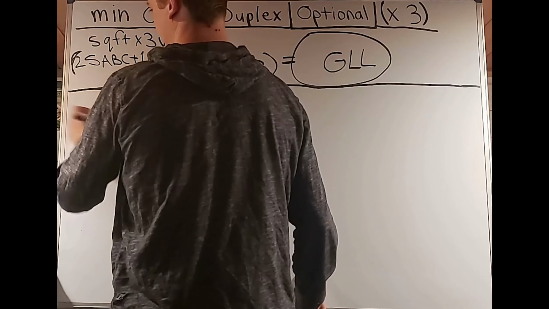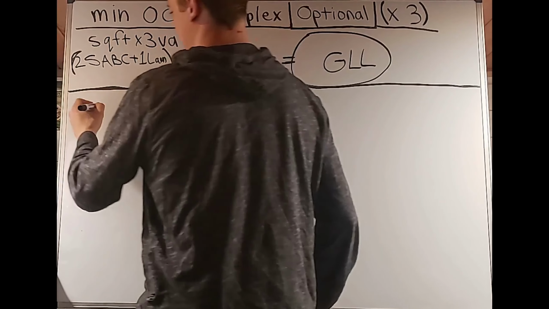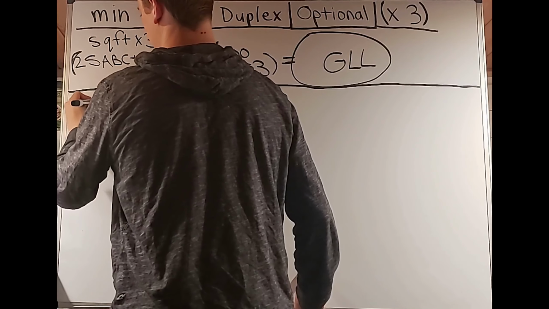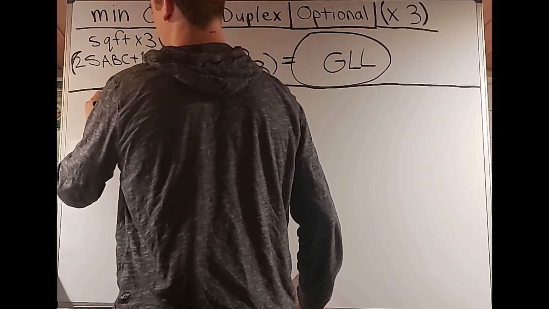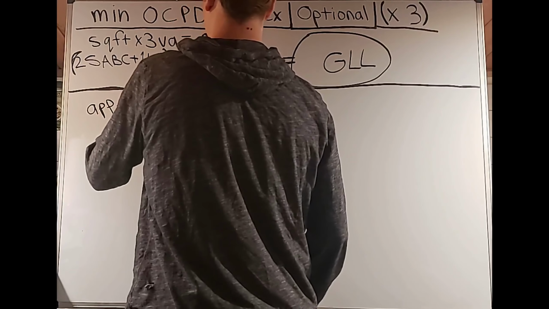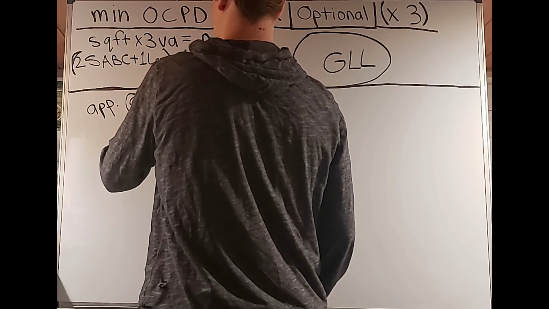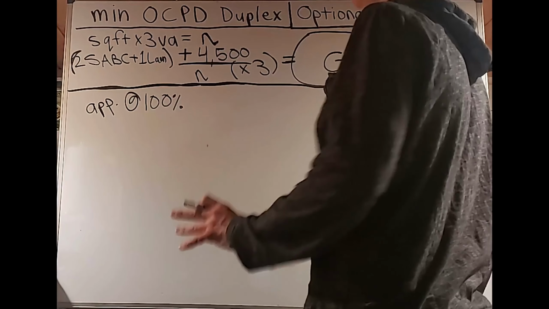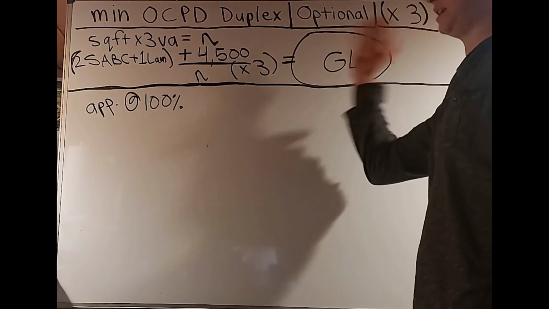After the general lighting load section, we get into the appliance section. It's kind of a lot to write appliance out every single time, so I just write APP. It's good to know that these are going to be rated at 100%, just like everything else, because we're doing the optional method. In other words, there's no demand factors, just like we saw with the section above.